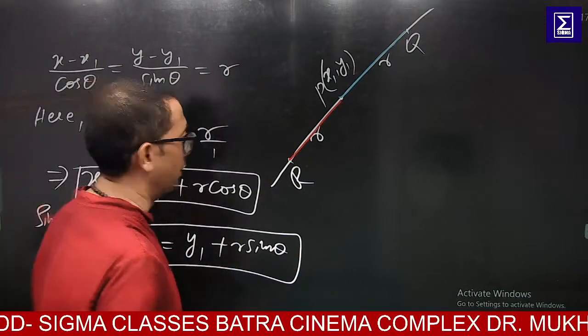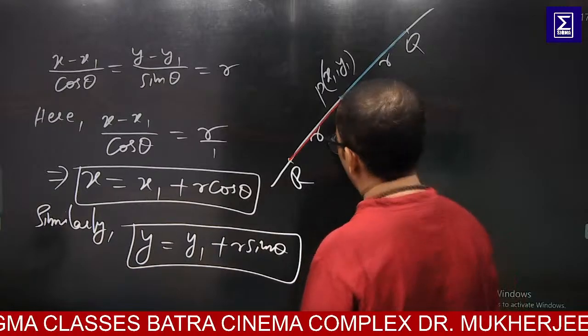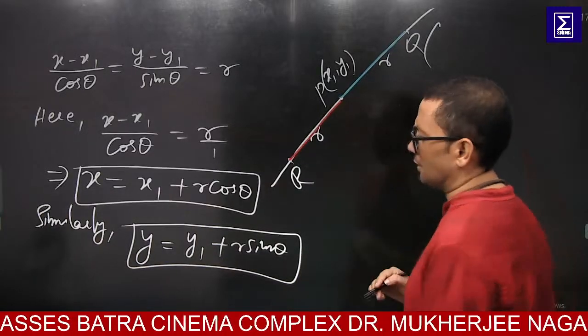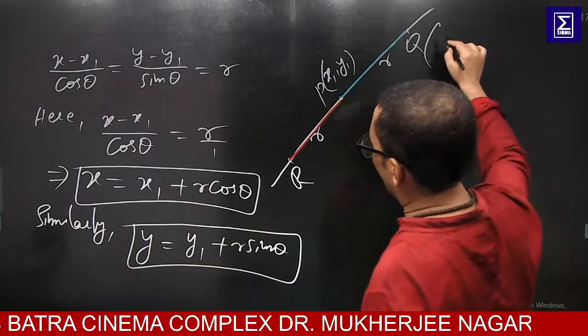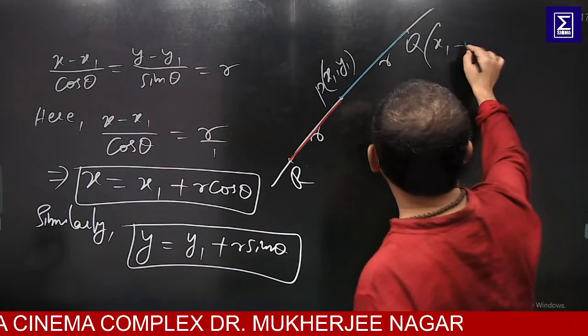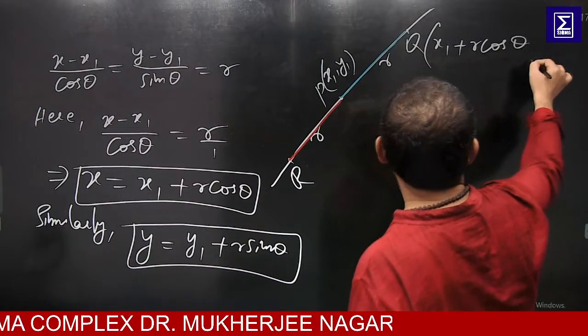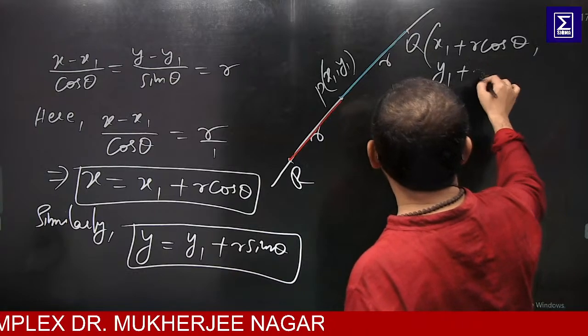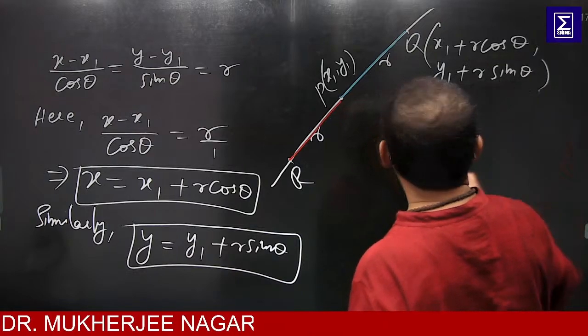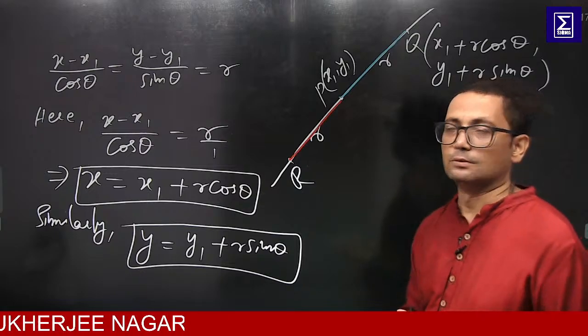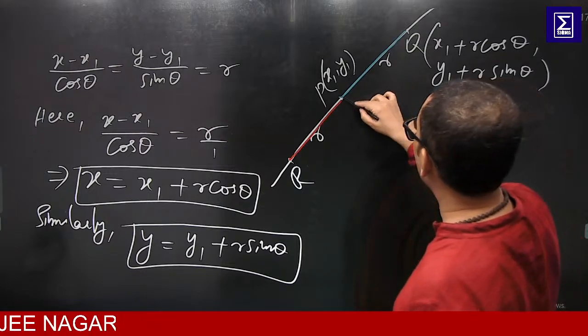So let's say you have to find the coordinate of Q here, so that would be x1 plus R cos theta and y1 plus R sin theta. These are the coordinates of the point Q at a distance R from point P.